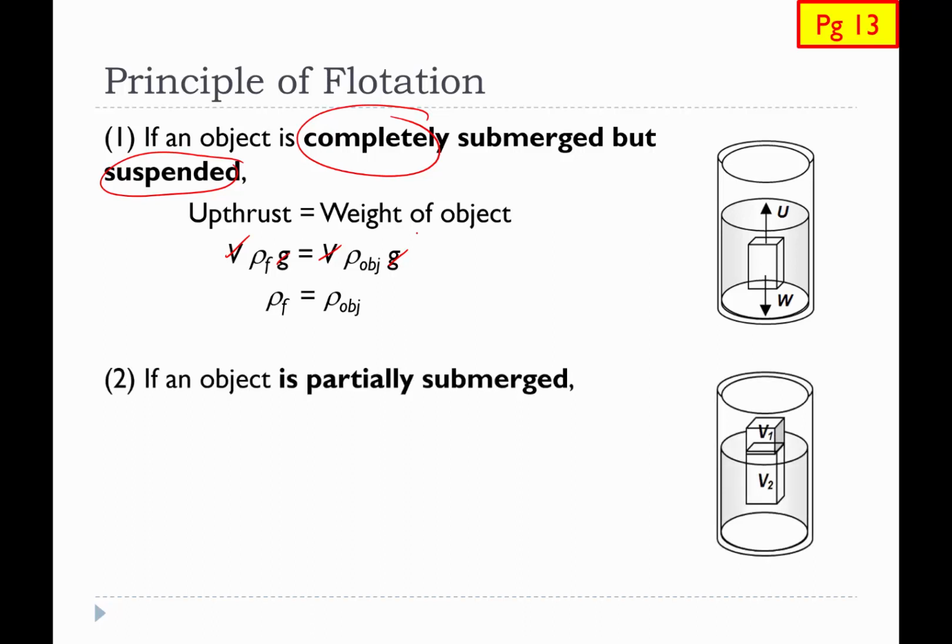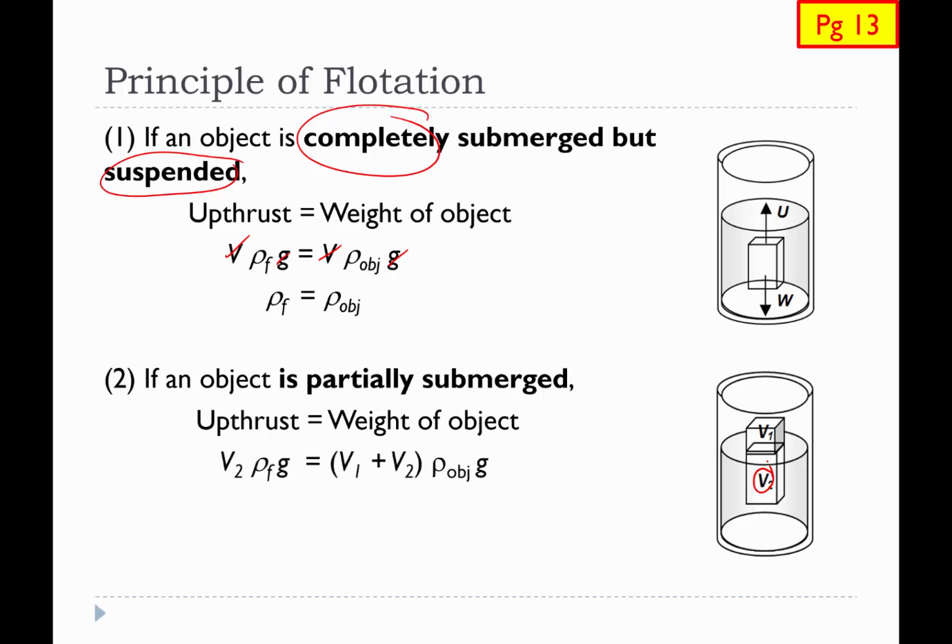In the second example here, we have an object that is partially submerged. Okay, partially submerged means only a portion V2 is submerged under water, whereas there's a portion V1 that is above the fluid. So upthrust equals the weight of the object. Because it is floating, upthrust must be equal to the weight of the object. And upthrust, as defined by Archimedes' principle, is still equal to the weight of the fluid displaced.